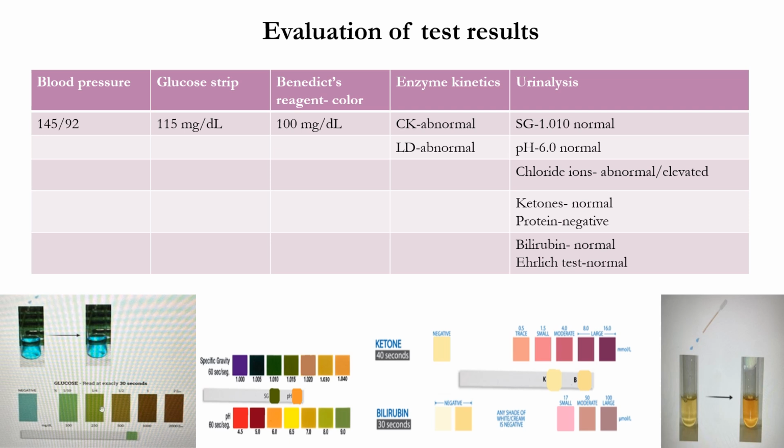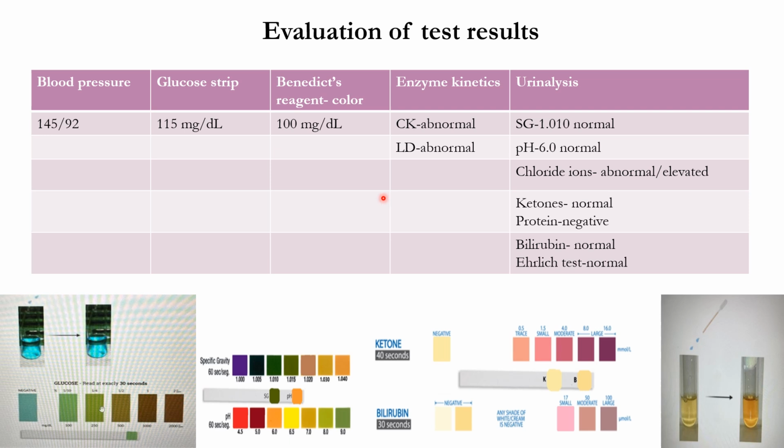After discussing all the clinical tests, let's evaluate the test results for this patient. The elevated blood pressure, abnormal CK and LD, and elevated chloride ion suggest potential muscle damage and electrolyte disturbance.